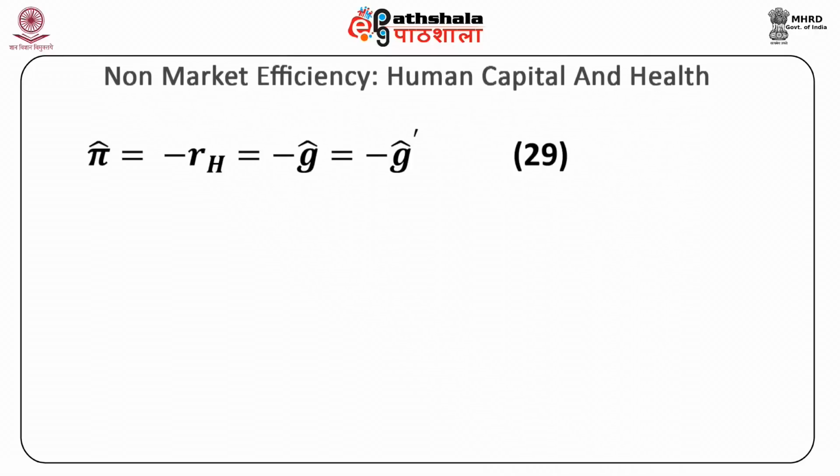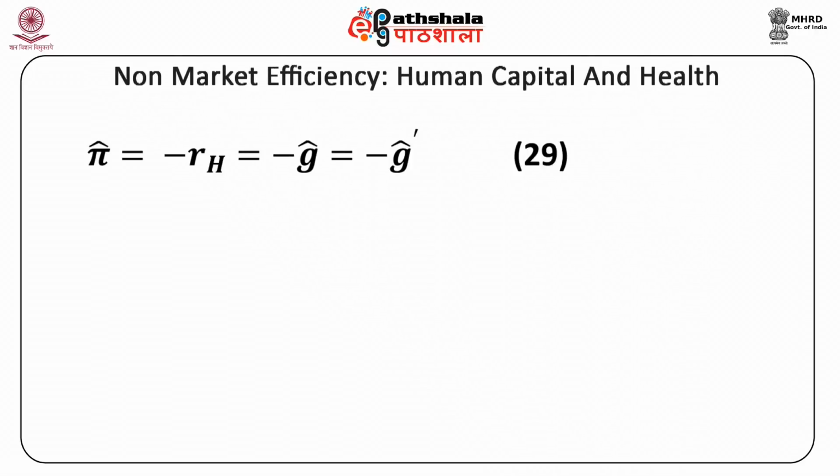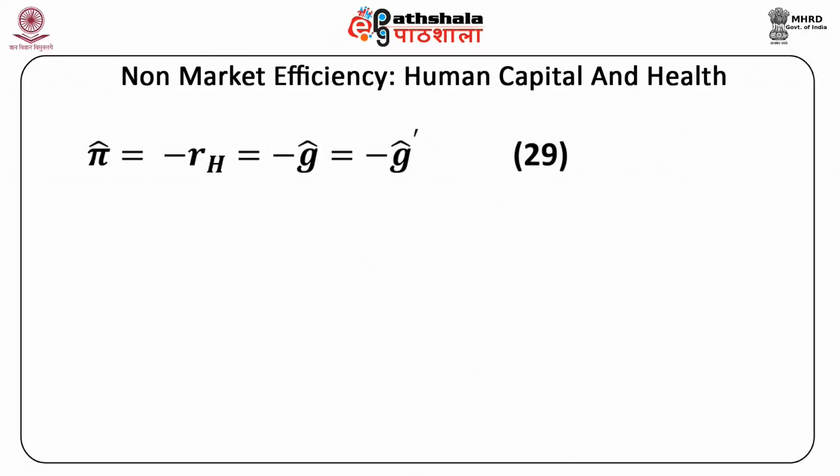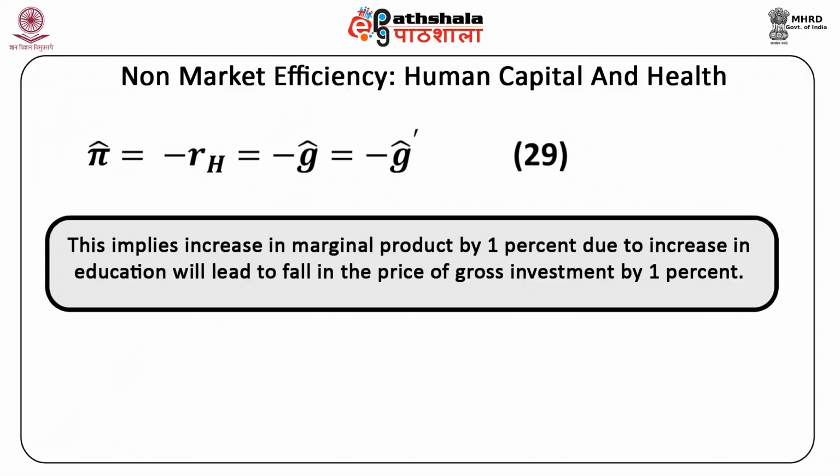Therefore, pi hat is equal to minus RH is equal to minus G hat is equal to minus G' hat. This implies an increase in marginal product by 1% due to an increase in education will lead to a fall in the price of gross investment by 1%.